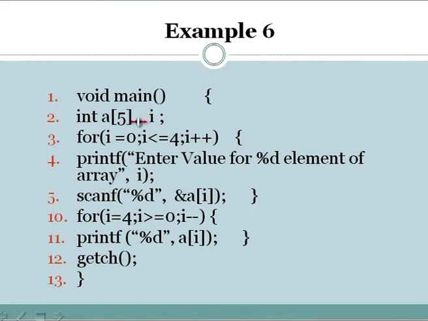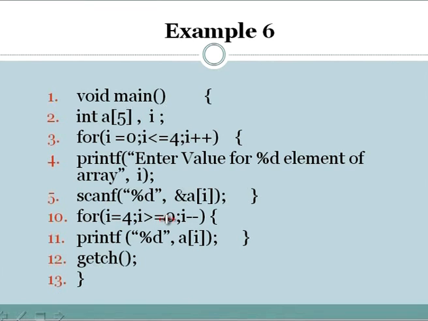You see, the array is declared with length 5, then enter value for %d element, that's I: enter value for 0 element A0, 1 element A1, second element A2, 3 A3, 4 A4.